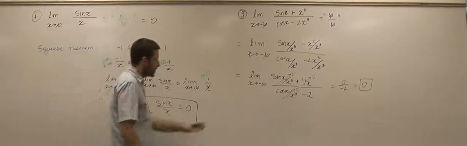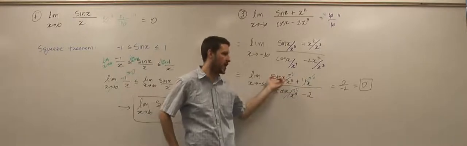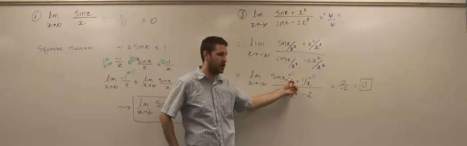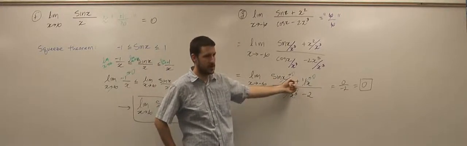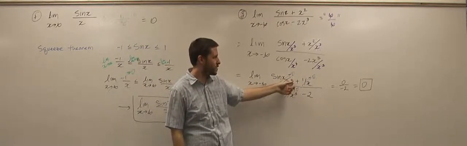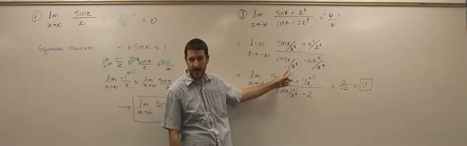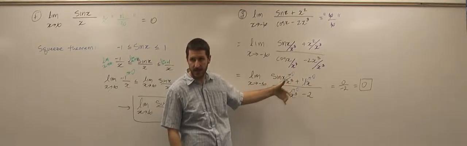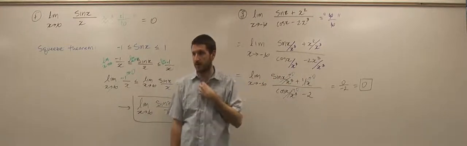Okay, so if you have a trig function, sine or cosine over a polynomial, as x goes to infinity, this guy goes to 0. Doesn't matter if it's x cubed, x to the 5th, square root x even on the bottom, right? Sine x over square root x. As x goes to infinity, that will go to 0.